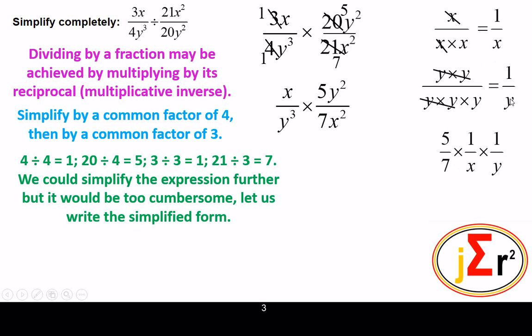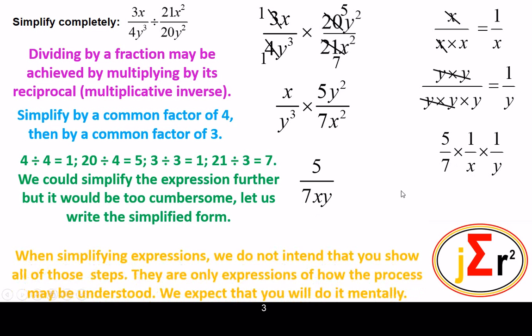All we need to do is put all of those together, and we get 5 times 1 times 1, which gives us 5, and then 7 times x times y, which gives us 7xy. So the final result is 5 over 7xy. That is our final answer.